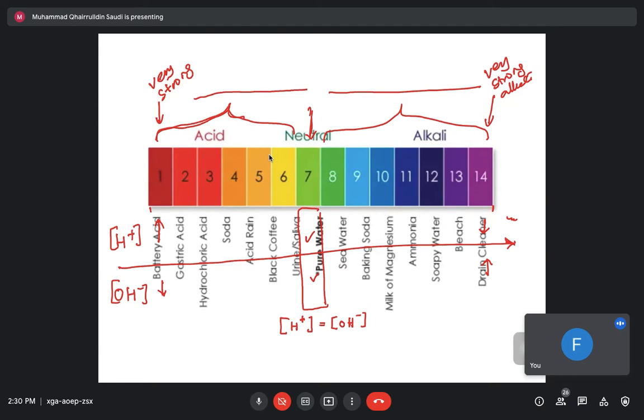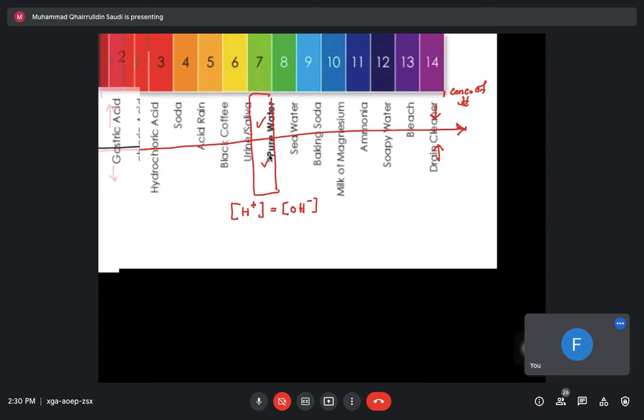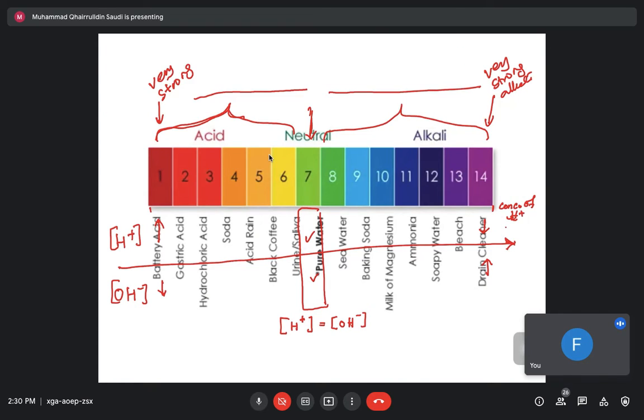Concentration of hydrogen ions decreasing, daripada kiri ke kanan, betul? How about the concentration of hydroxide ion from left to right, daripada pH 1 ke pH 14?